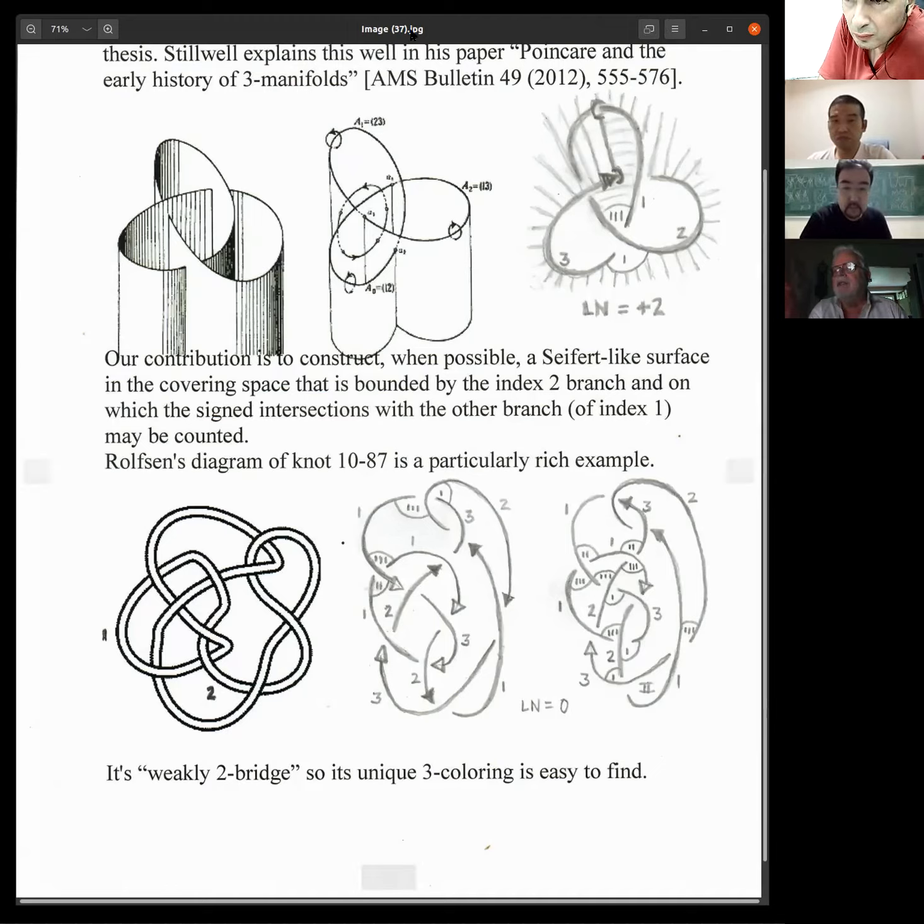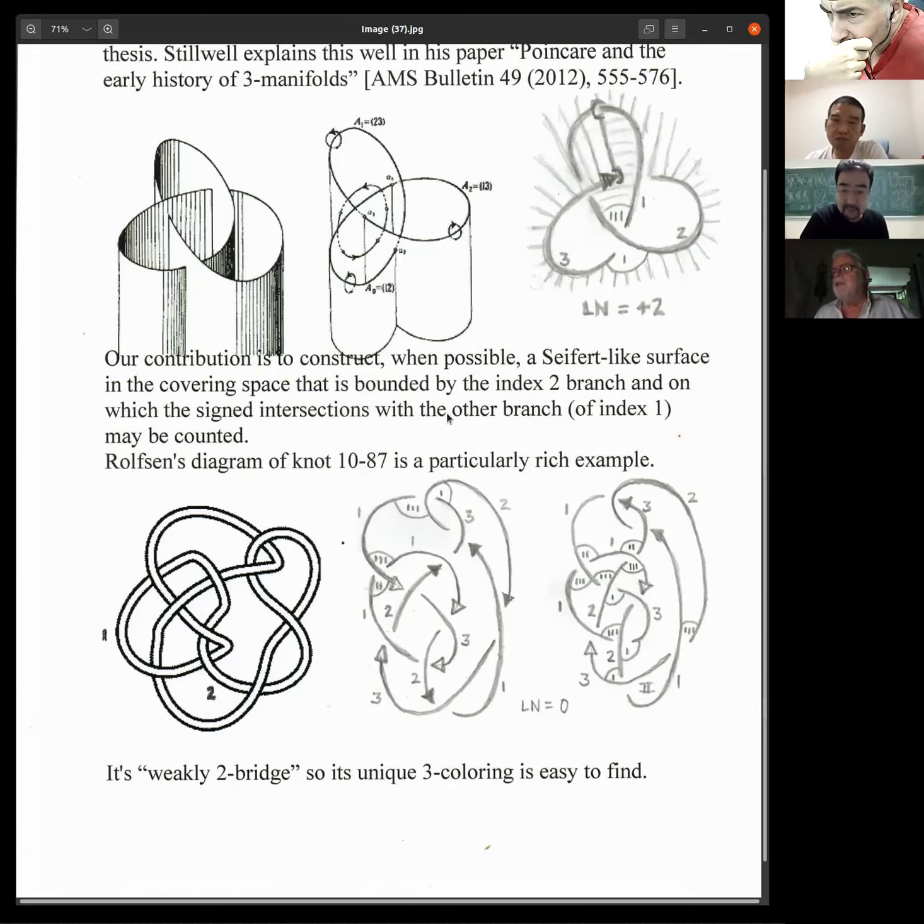And since the covering space at that point is constructed by the intersection of 2 segments of the drawing labeled 2 and 3, what happens when you lift that little portion of the twisted disc to copy 1 is you're touching, in copy 1, the branch curve of index 2 on both of those segments.